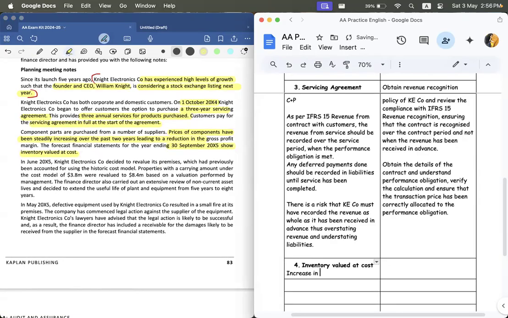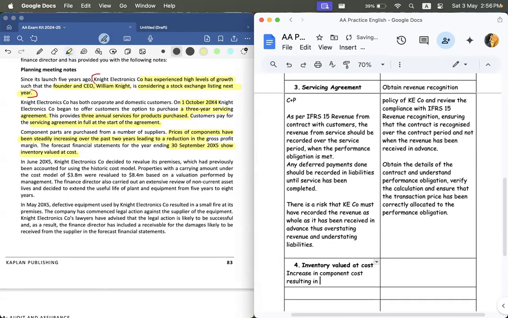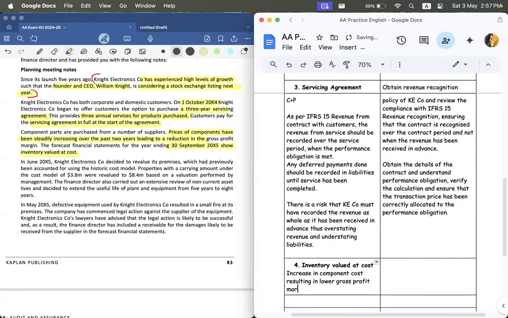Increase in component cost resulting in lower gross profit margin. Full stop.